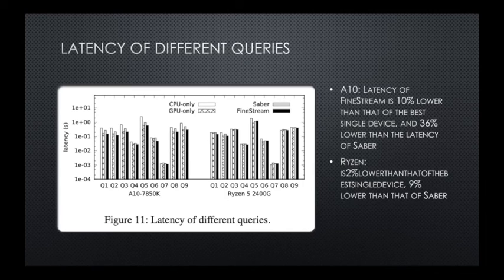On the A10, the latency of FineStream is 10% lower than that of the best single device, and 36% lower than the latency of Sabre. On Ryzen, it's 2% lower than that of the best single device, and 9% lower than that of Sabre.